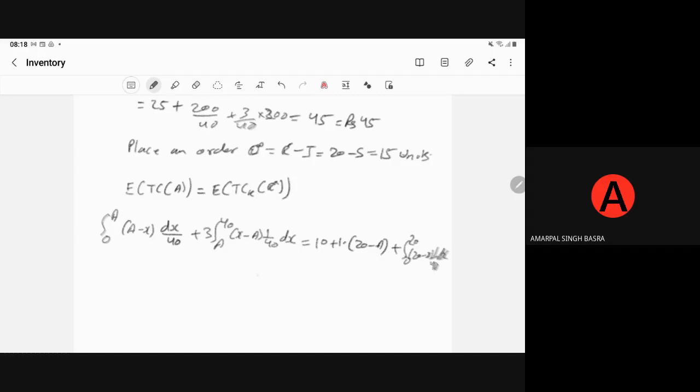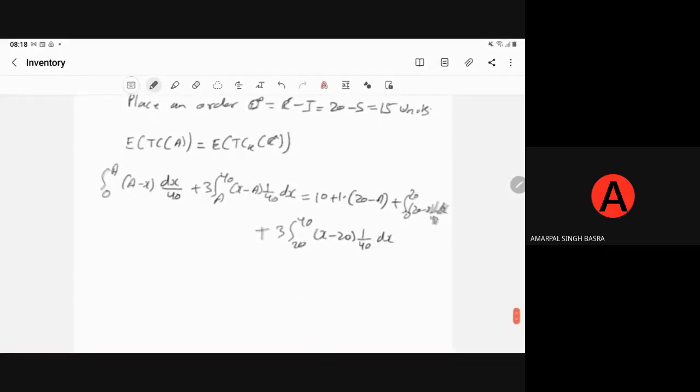Plus the shortage cost, rupees 3, 20 to 40. And what is the quantity of shortage? (x minus 20), then the required probability 1/40 dx.